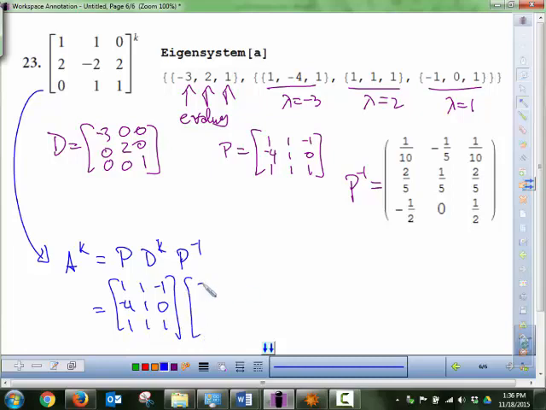I have negative 3 raised to the k power, and since I don't know what k is, I just have to leave it like that. I have 2 raised to the k power, and 1 raised to the k power is just 1. And then I have my P inverse. I'll just put P inverse here for now.